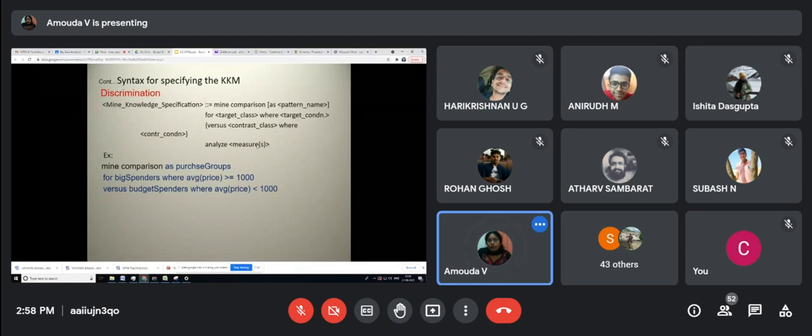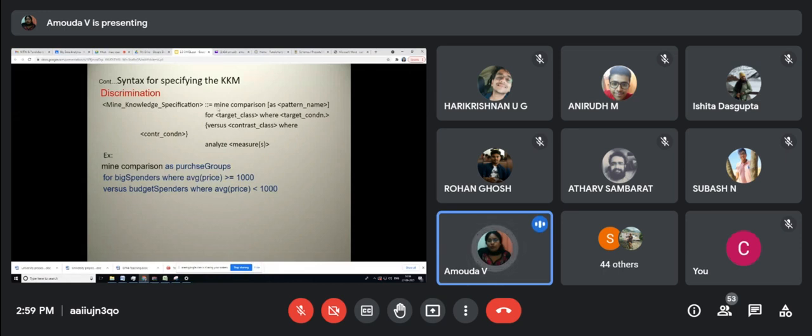I repeat, we have seen characterization previously. To tell the characteristics of a student, we need not have two classes. For comparison, A and B should be there. That's why we say target class and contrast class. So this particular table should be compared with that particular table.